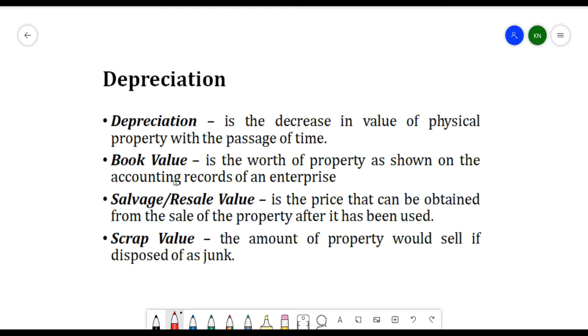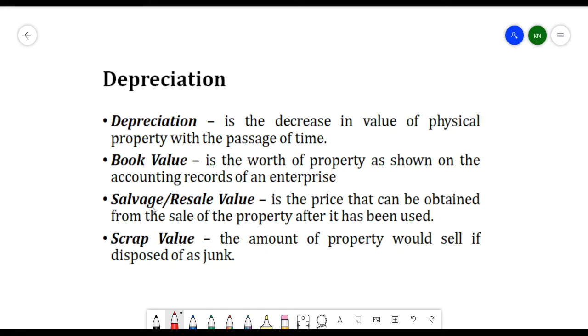We also have the book value. It is the worth of property as shown on the accounting records of an enterprise. We also have the salvage or resale value. It is the price that can be obtained from the sale of the property after it has been used. For example, you bought a car for 3 million, and for the next 5 years you will just be selling your car with the worth of 1 million.